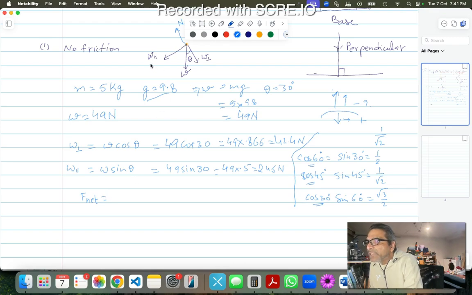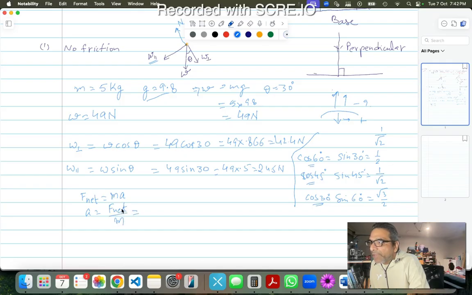The net force will be the weight component which is acting. Because now we are going to calculate the acceleration, and we know that F net is ma, so a equals F net over m.